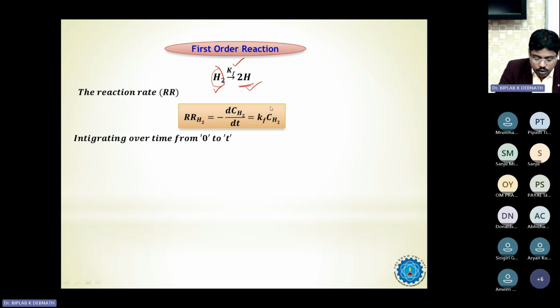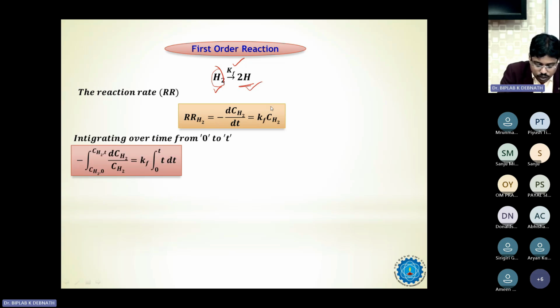Now if we want to integrate this equation over a time period of 0 to t, let us do the integration in this time range. When time is equal to 0, the concentration CH2 is CH2 naught, the initial concentration.